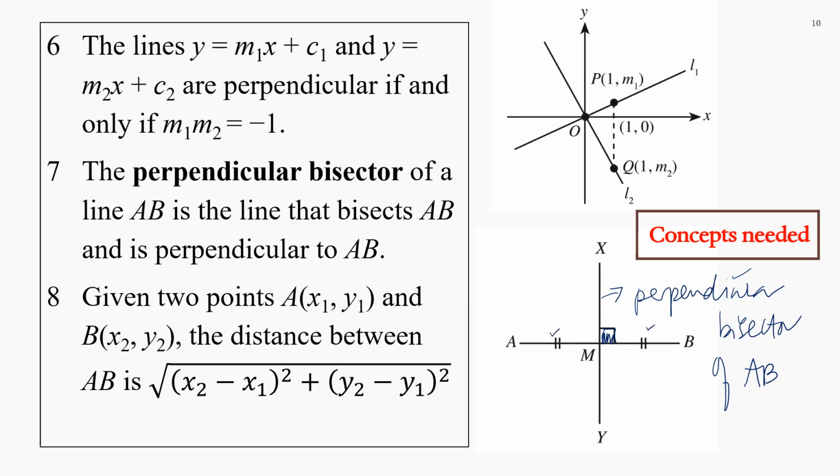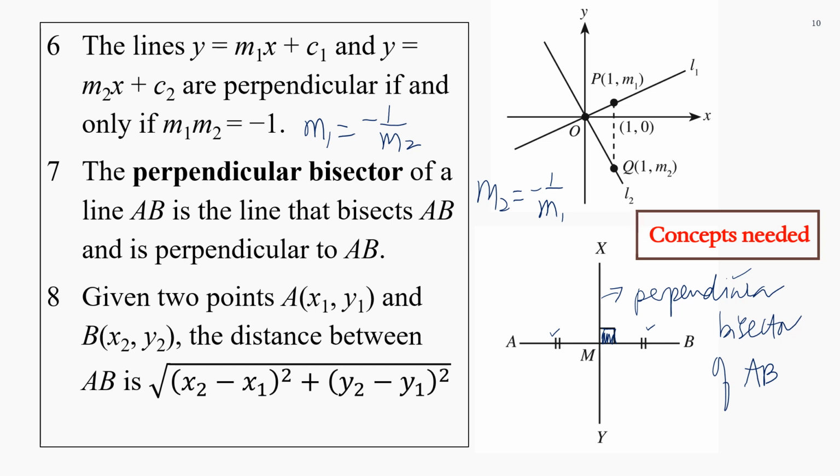Right. So we will have to make use of concept number 6. If you're given the gradient of AB, then the gradient of the perpendicular bisector will be -1 divided by the gradient of AB. Meaning M1 is equal to -1 divided by M2, or M2 is equal to -1 divided by M1, depending on what gradient you're given.